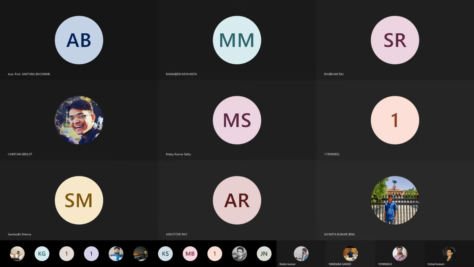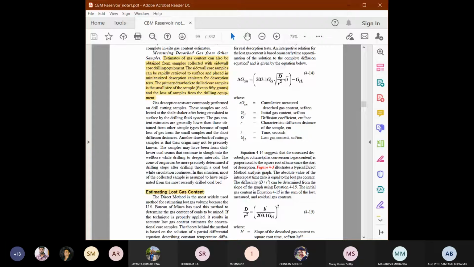So suppose that when you are going to collect the sample from underground and take it out from the underground reservoir to bring it to the surface, now the problem is that as you take out the sample from the depth, some amount of the gases will already start to desorb.